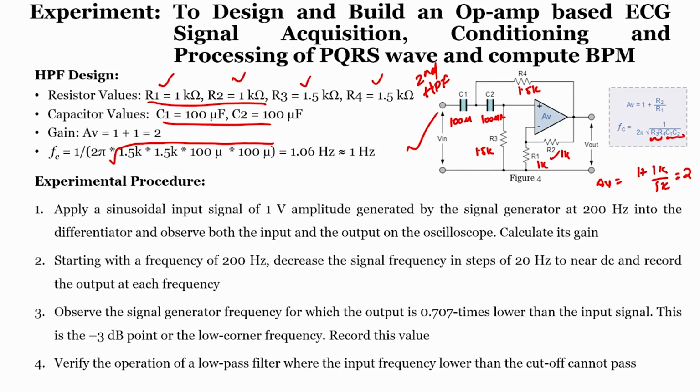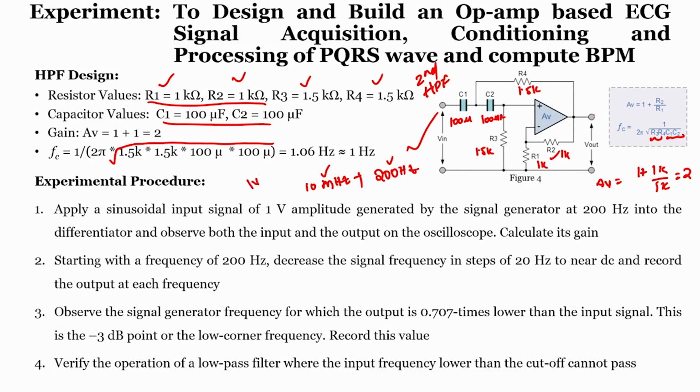Since the cutoff frequency is 1 hertz, we will go from around 10 millihertz to greater than 100 hertz, somewhere around 200 hertz also we can go. We will slowly increase the frequency and use an input signal of 1 volt.